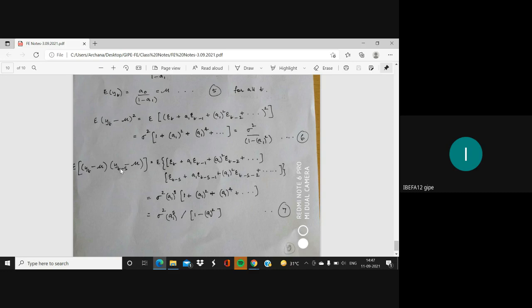So you can see that the covariance depends only on the lag. For example, if you had taken Yt minus 1, this term here would have been A1 raised to the power 1. If it was 2, similarly, it would have been A1 raised to the power 2. So the takeaway is that our covariance condition is that it is not changing with respect to time. It only depends on the number of lags and coefficients.